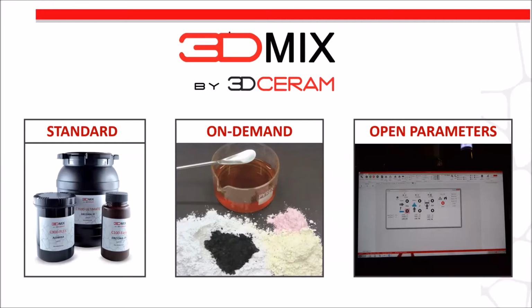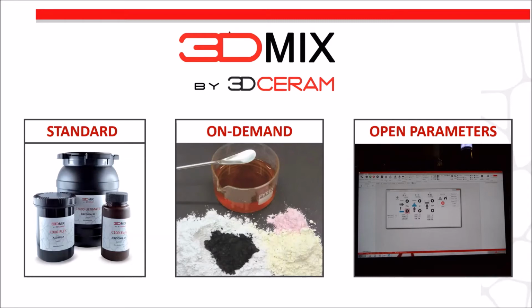So we developed standard formulations, standard slurries like alumina, zirconia, but also not only oxide but also nitride. So our customers who have the machine have the possibility to buy these slurries to print the parts.